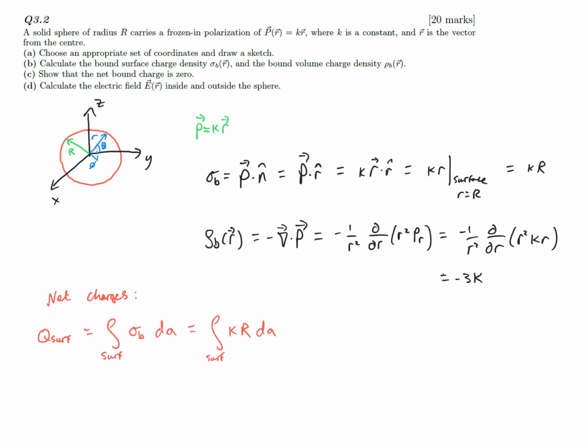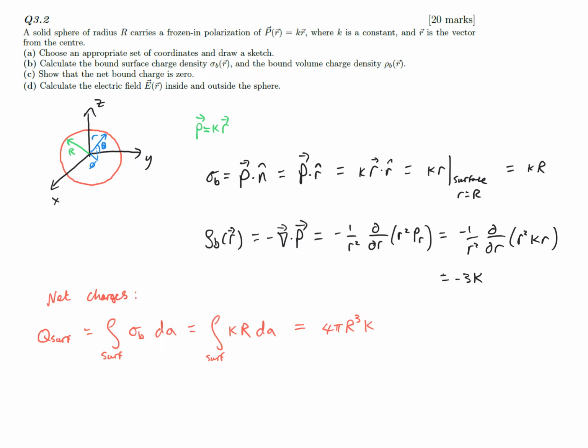Of course, I could convert this into spherical coordinates and do the angular integration, but because the surface charge density is a constant, I know that the total surface charge is going to be the surface charge density times the surface area, which is 4 pi r squared. So I can just write down the answer without further ado. 4 pi r squared times another r from the charge density, and then k coming from this k in here. Very good.